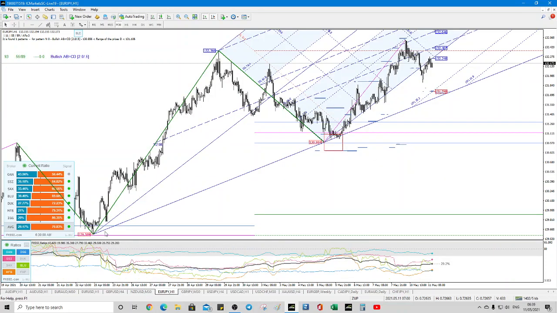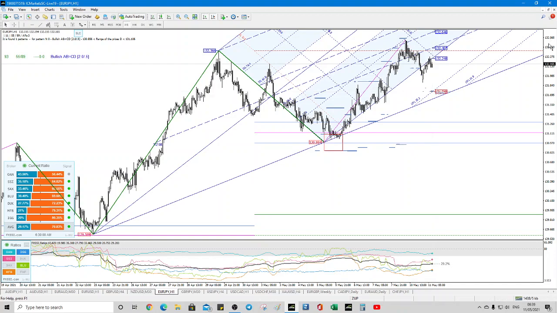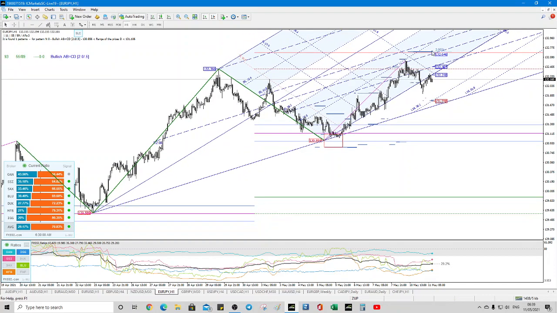Euro Yen. So we've got this diagonal support there, and the SLC below is, I'll just put my mouse on it, 131.74, and one above is 132.70. We're a buy, and it's sideways.